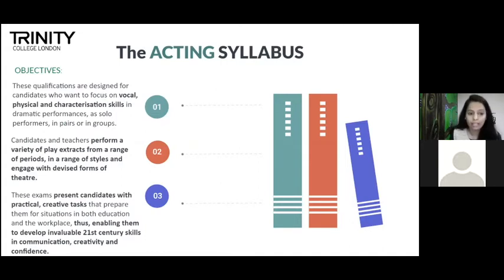Therefore, we learn a range of play extracts from a range of periods and styles, and of course, devised forms of theater. Improvisation, modifications, rework. These are a few of the terms that you will learn under devised forms. And of course, as I mentioned earlier, being creative with the tasks and applying it to daily life, and how it can be transferred and applied everywhere else in your other subjects and in general life.